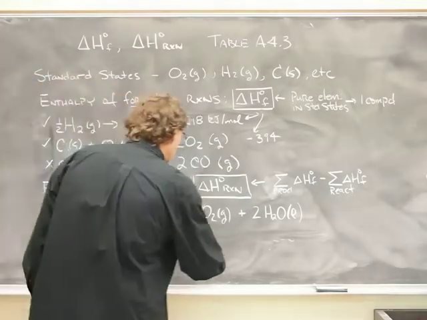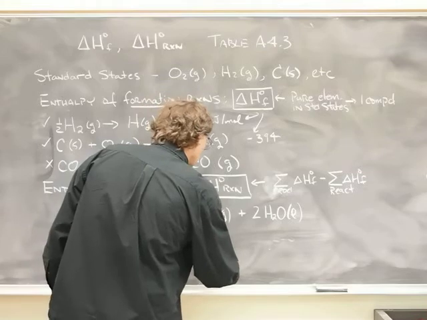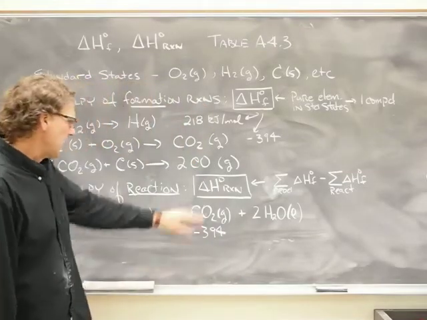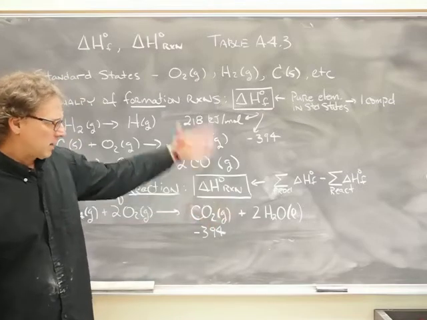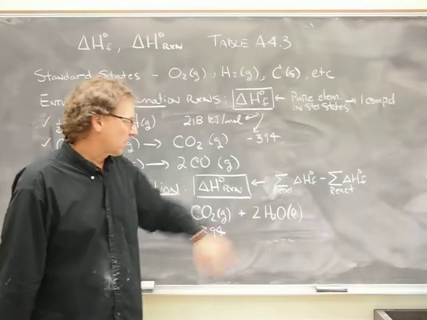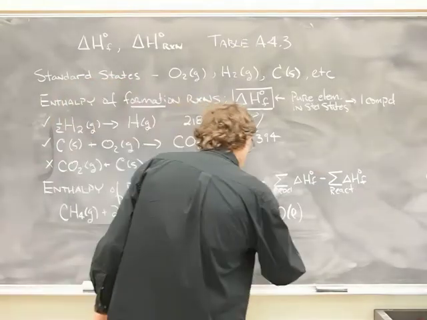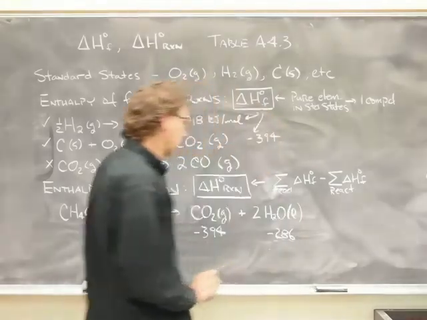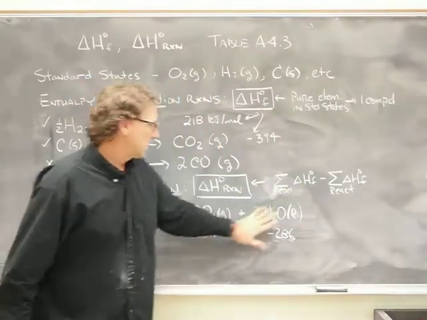That's minus 394 kilojoules per mole. And for water, you'd have to look that up, and you'll find a different value if it's gas or liquid. But since I've got liquid here, I'm going to write down minus 286 kilojoules per mole.